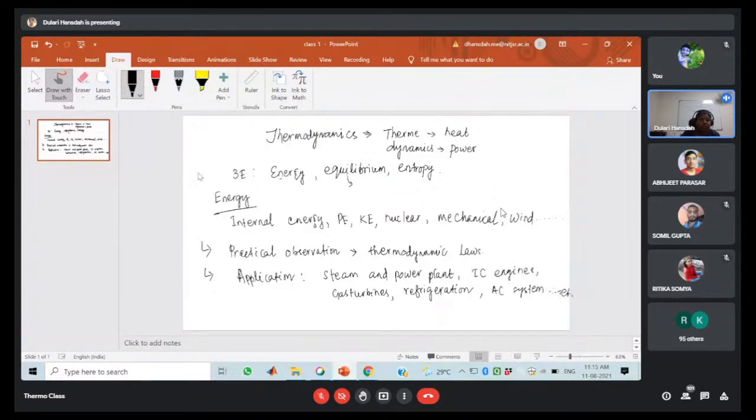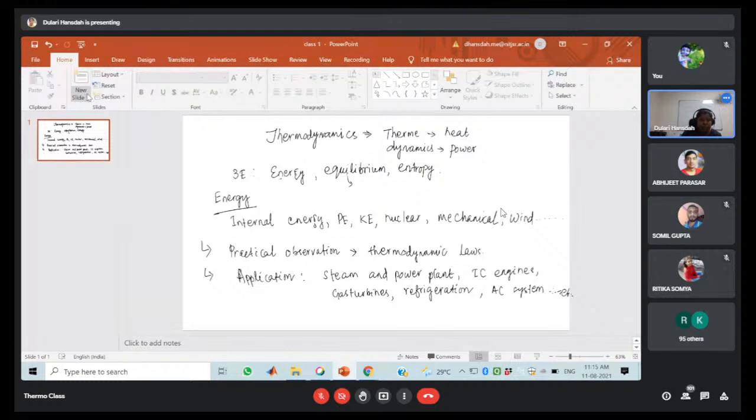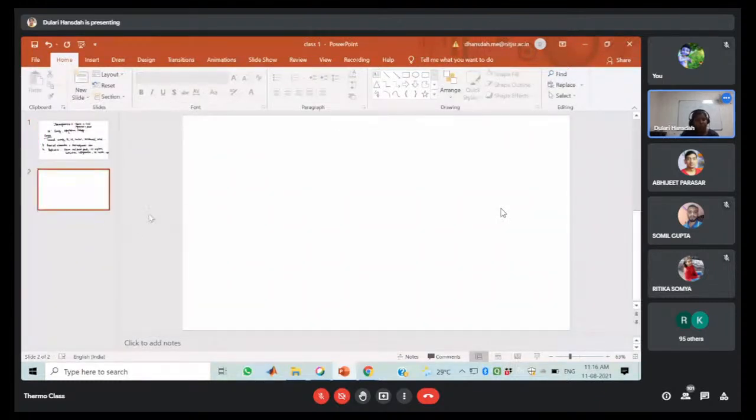There we have different laws and principles. The first one is the conservation of energy principle.